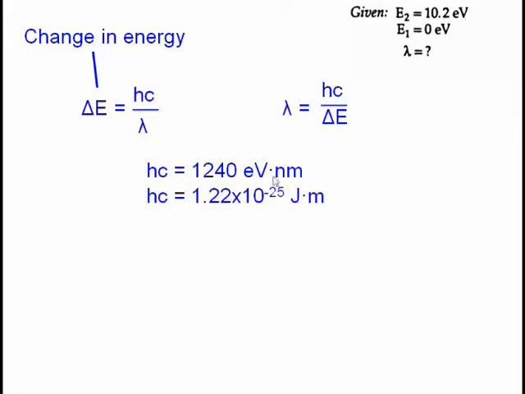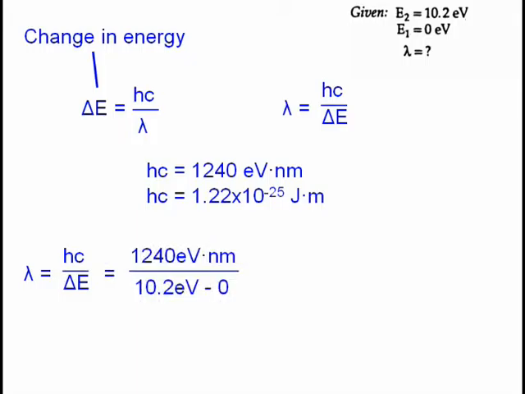There are 2 constants because one is for energy in electron volts and the other is for energy in joules. So plugging the numbers into the formula, I like to use the 1240 constant because not only do the eVs cancel out, but they're already converting to nanometers for us, so we don't have to do the engineering notation conversion.